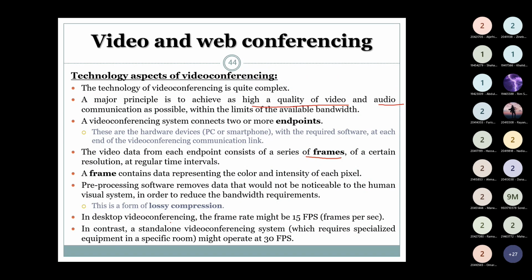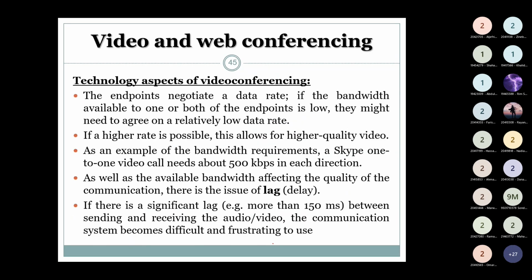In desktop video conferencing, the frame rate may be 15 frames per second. In contrast, a standalone video conferencing system may operate at 30 frames per second. The endpoints negotiate the data rate.